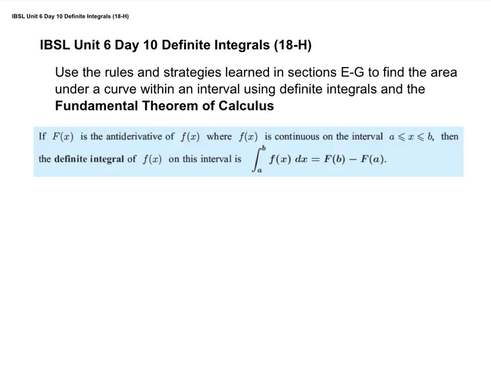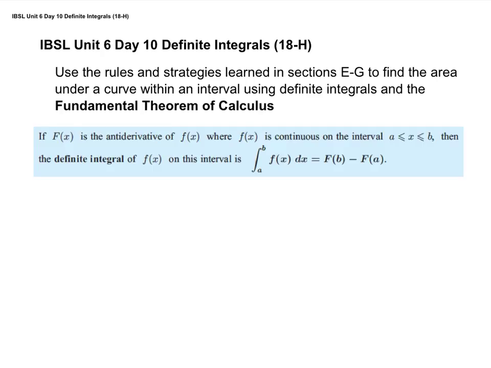And the fundamental theorem of calculus says that if capital F of x is the antiderivative of f of x, where f of x is continuous on the interval from a to b, that's important, the definite integral of f of x on this interval is the integral from a to b of f of x dx, and it will equal the antiderivative evaluated at b minus the antiderivative evaluated at a.